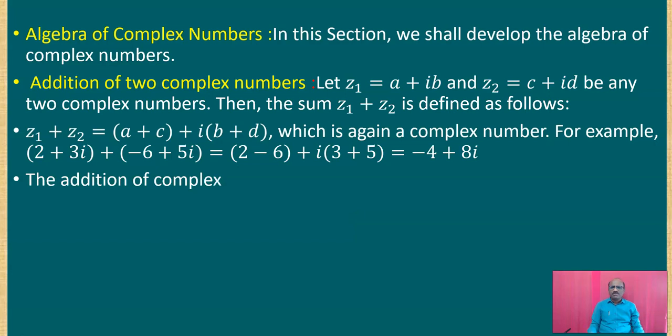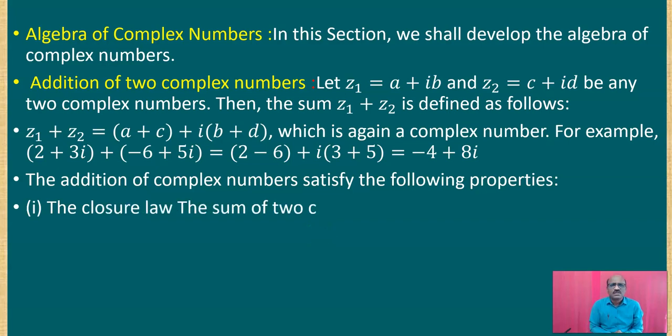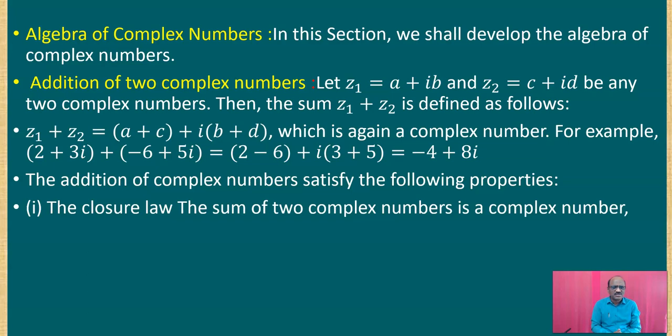The addition of complex numbers satisfies the following properties. First is the closure law. The sum of two complex numbers is again a complex number. This is the closure law.